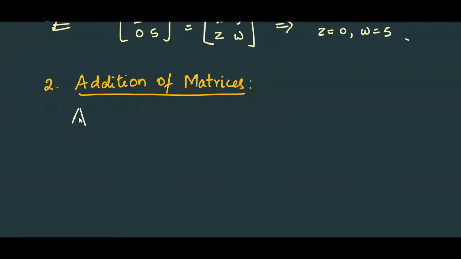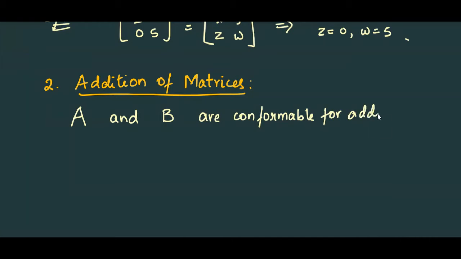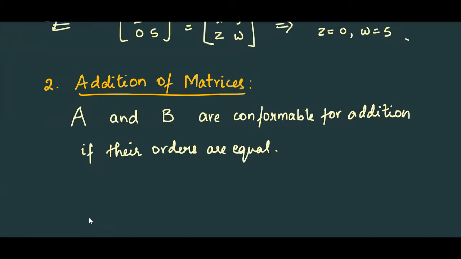So matrices A and B are conformable for addition. We write like this: A and B are conformable for addition if their orders are same. Only then you can add.